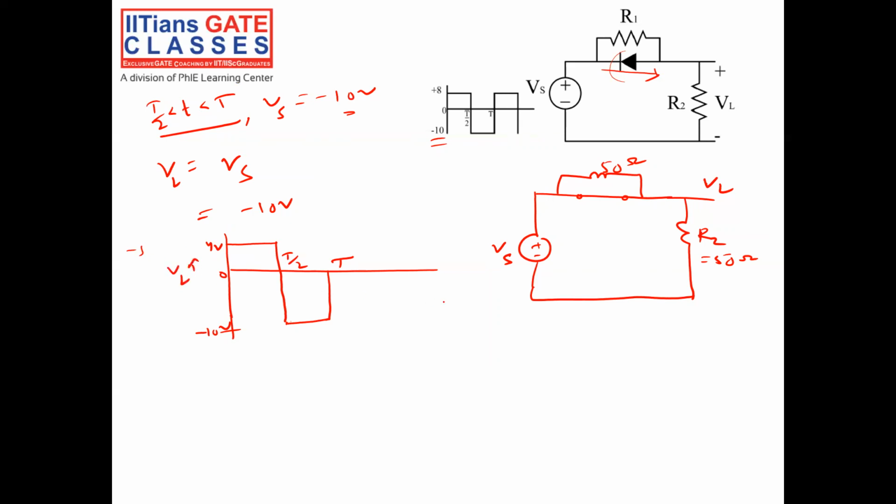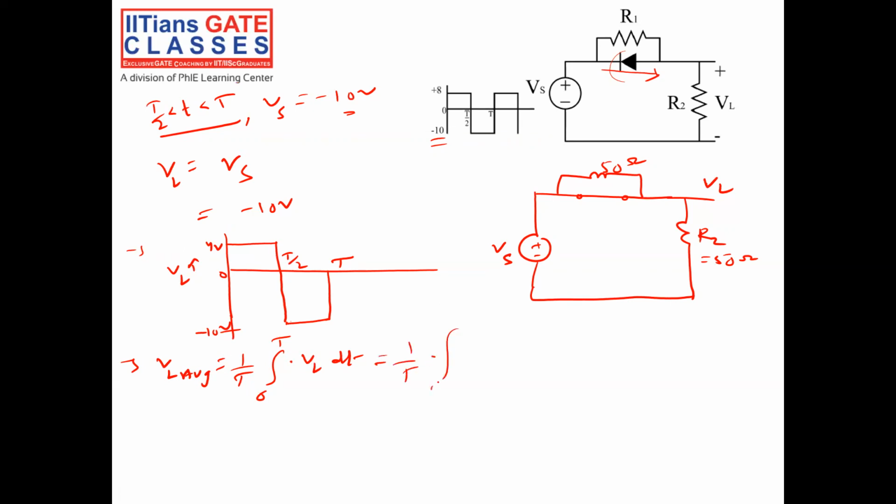VL average is equal to 1 by T integration of 0 to T of VL dt. The average voltage of any waveform for one period is 1 by T integration of 0 to T VL dt.